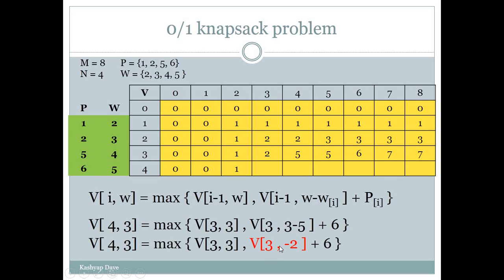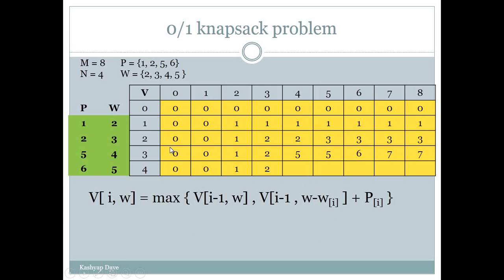Again this 3 minus 2 location is not available in this table, so we will consider only V3 comma 3. V3 comma 3 means at this place our value is 2, so we will put that value in this place.